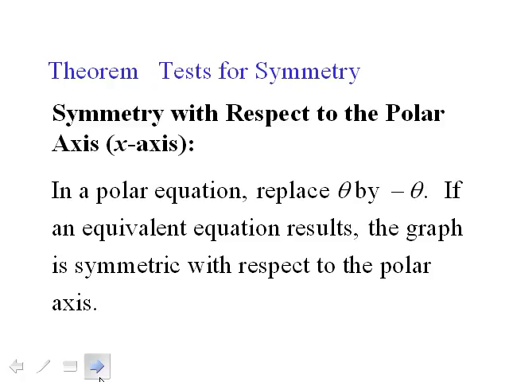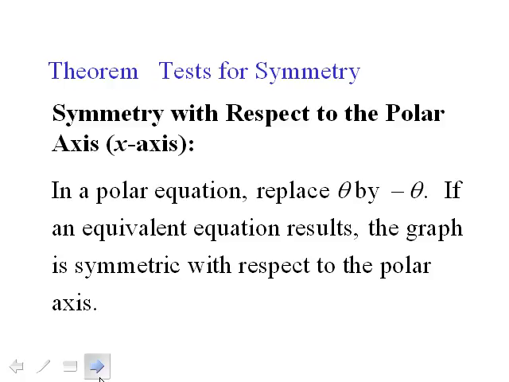Symmetry with respect to the polar axis is to consider what happens to a polar equation replacing theta by minus theta. If you get an equivalent equation, if the same points arise by plugging in theta as by plugging in minus theta, then the graph is symmetric with respect to the polar axis. That symmetry shows up as a mirror image along that horizontal axis.